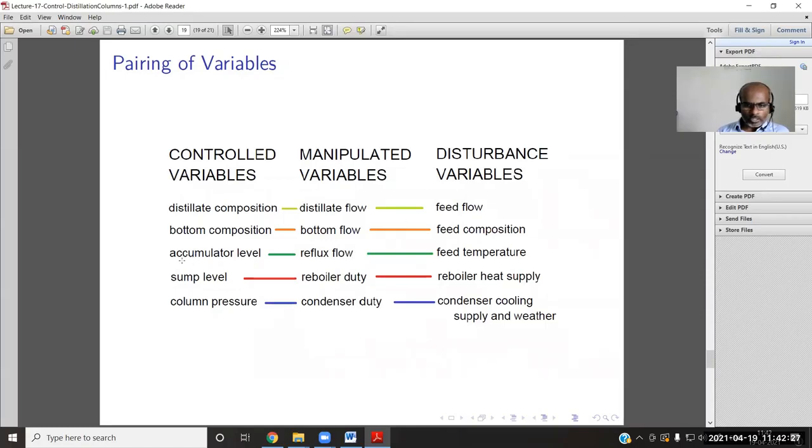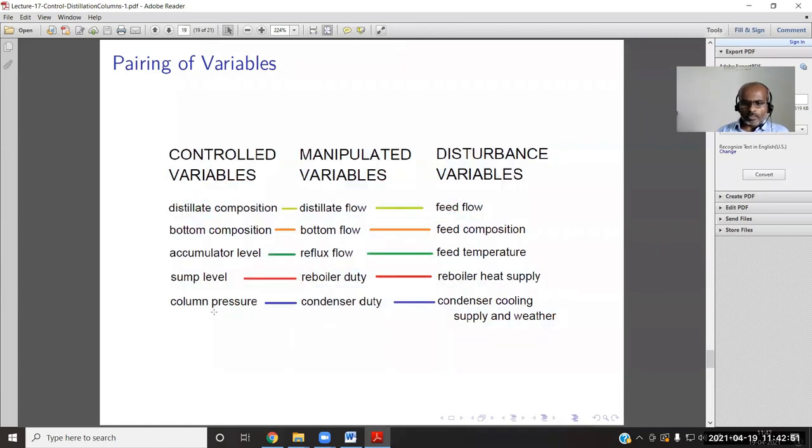And accumulator level, that means the top reflux accumulator, is again affected by the feed temperature. Sump level, or the bottom plate level, is manipulated by way of reboiler duty. And column pressure is normally manipulated by condenser duty.